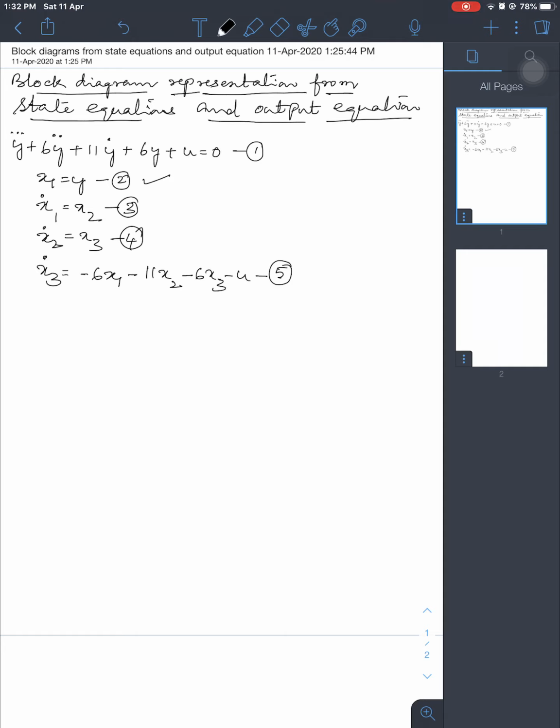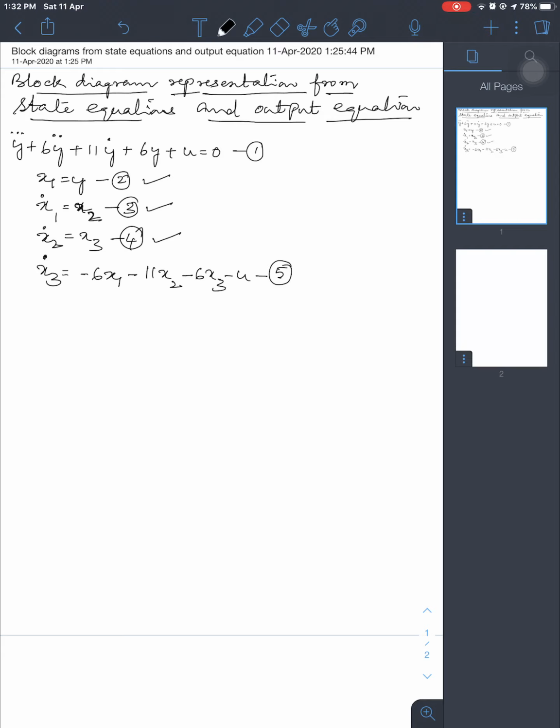x1 equal to y, and we were able to write the second state variable x2 as the derivative of the first state variable. Hence we obtained equation 3, and the third state variable x3 is the derivative of the second state variable. Hence we got equation 4.